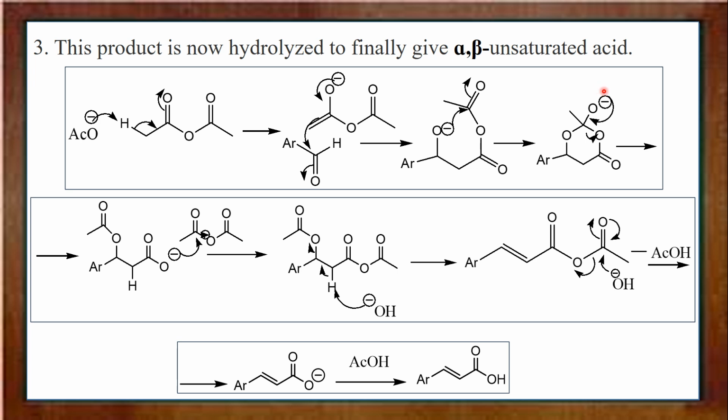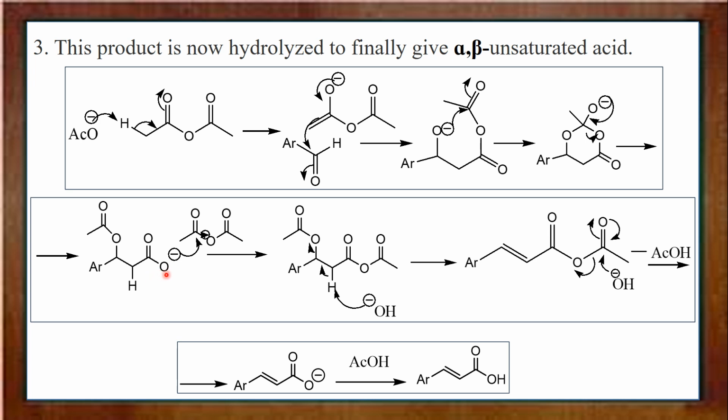And here the minus comes back, pushing this bond with oxygen, resulting in a new anion. In this reaction we can see this oxygen has taken up the acetyl group, and this part has gone out as a carboxylate ion.